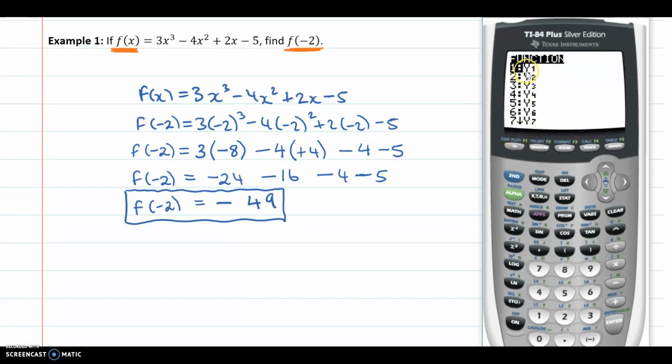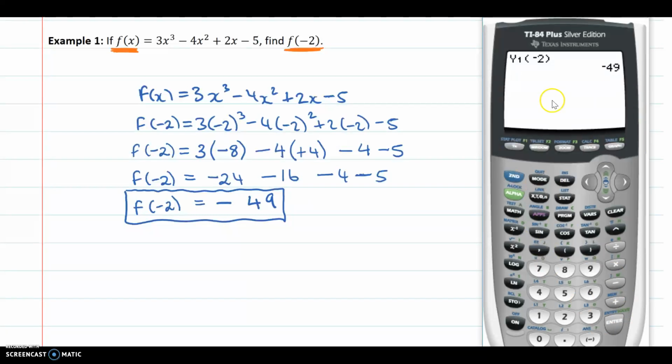So just select y1, and you want to find the value of y1. Remember, y is another way of writing f, so y and f are the same thing. So y1 of negative 2 is the same as f of negative 2, and it's equal to negative 49.